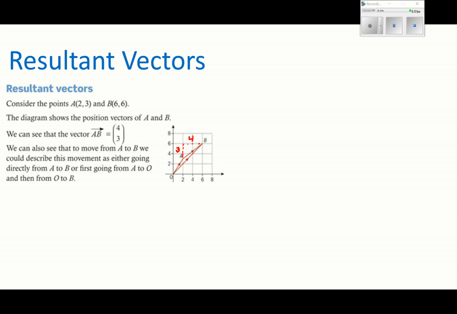We can also see that to move from A to B, we could describe this movement as either going directly from A to B or first going in an alternate route.